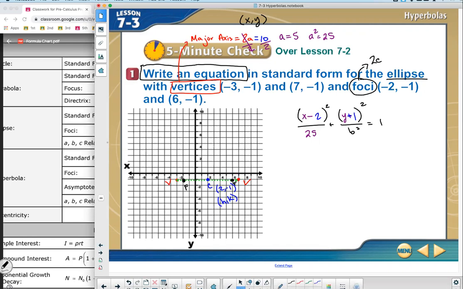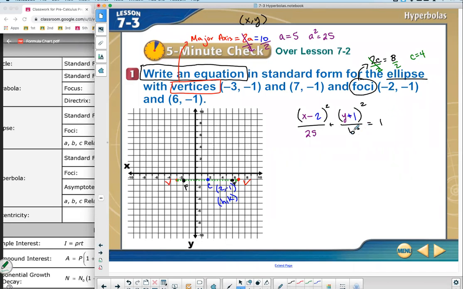There's my other foci. So this length is 2C. If I count them, this is 2 to the left. This is 6 to the right. What is 2 plus 6? So 2C equals 8. What does 1C equal? C equals 4.